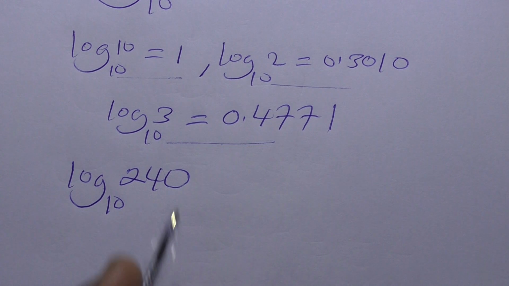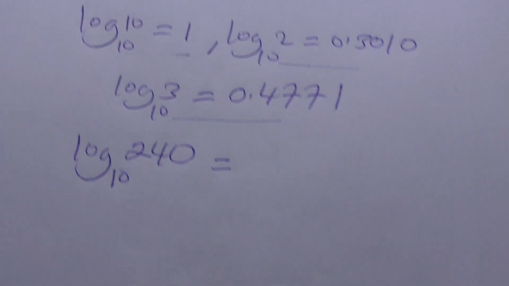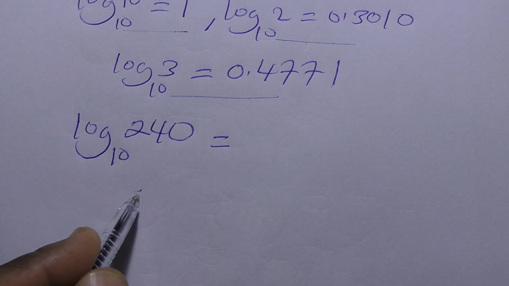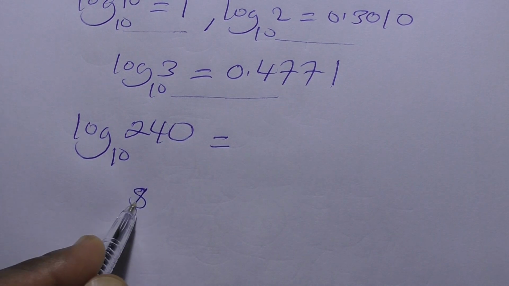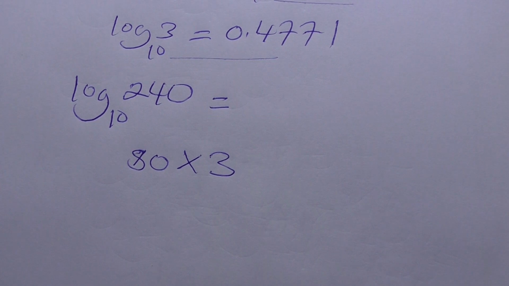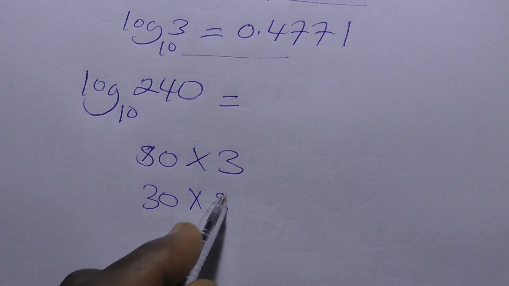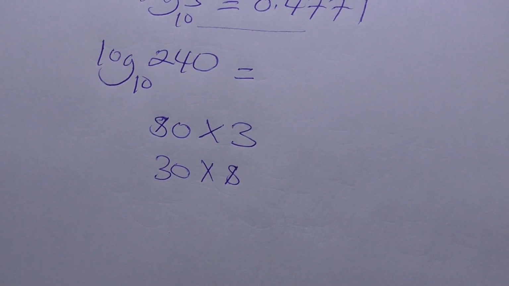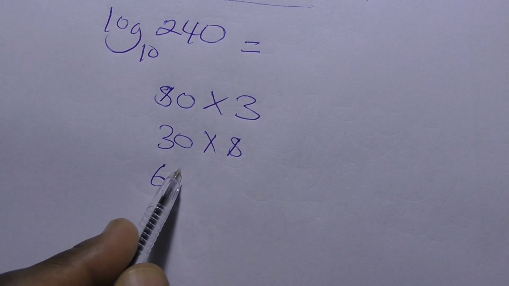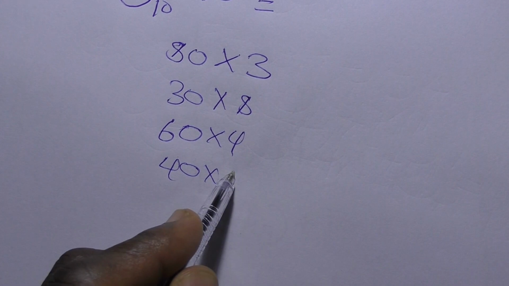So how do we get 240? 240 can be 80 times 3, or 30 times 8, or can be 60 times 4 or 40 times 6.